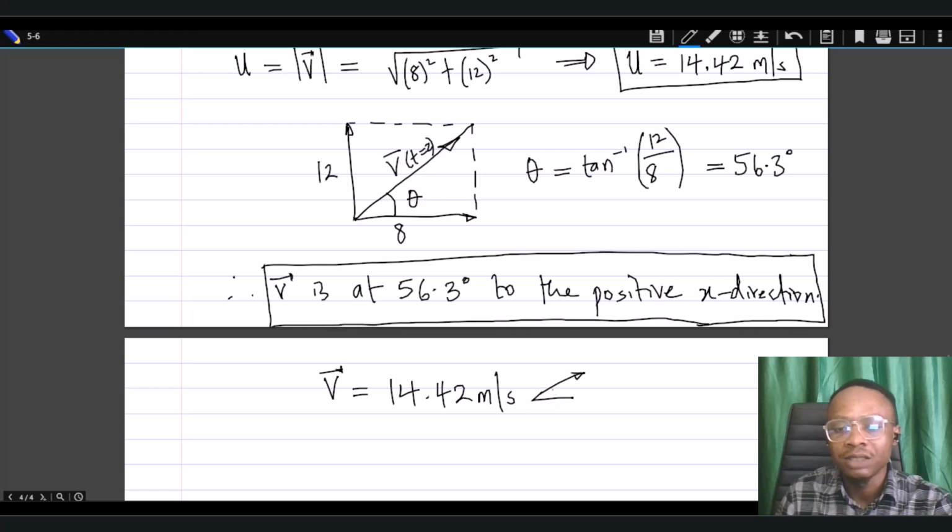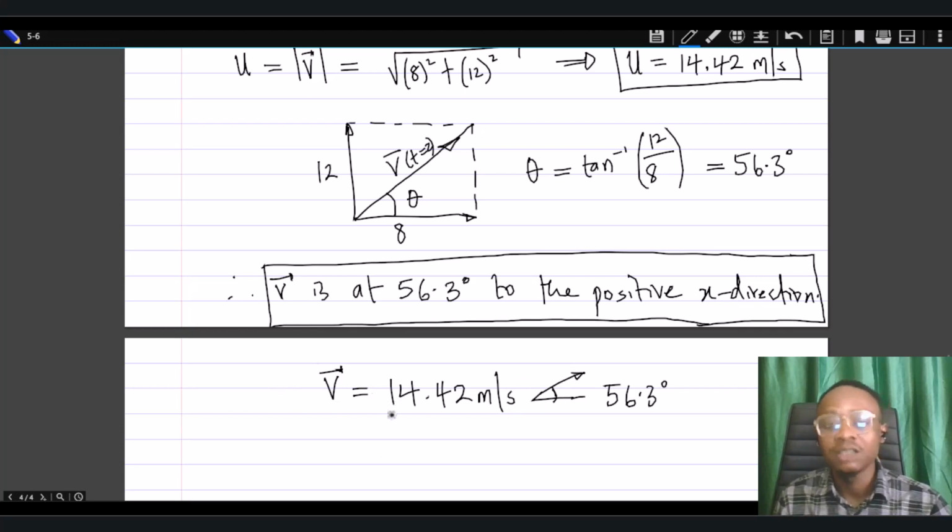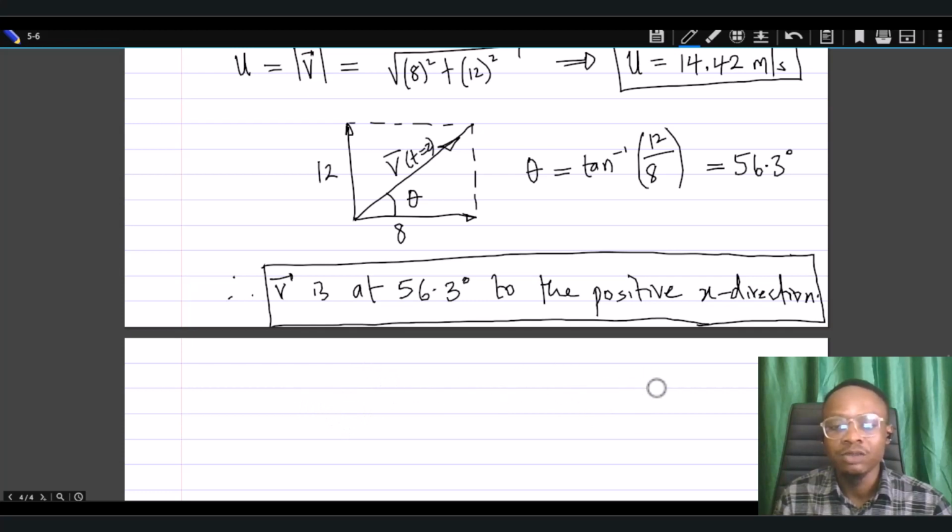That is how we express our results in this case, because the motion is in a two-dimensional system, and we already know the x and y directions from the question. But that is not required.